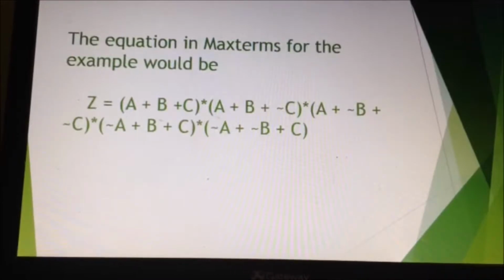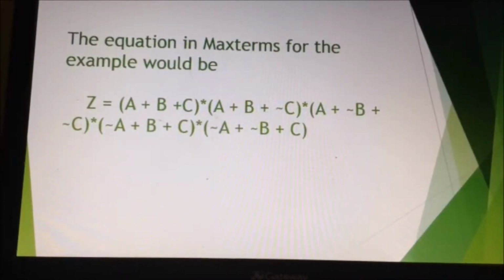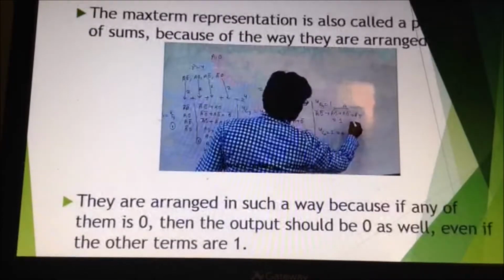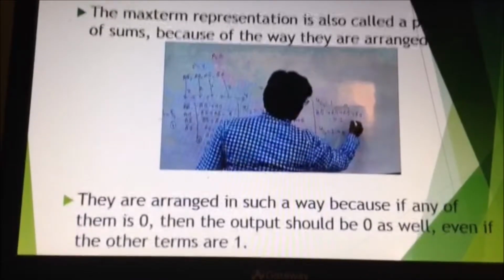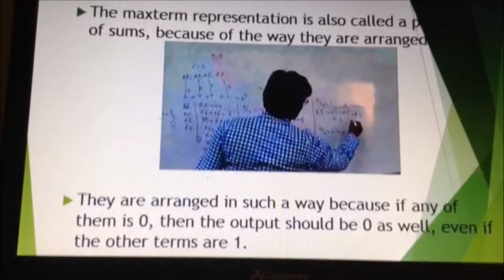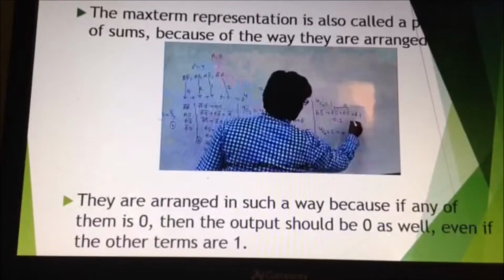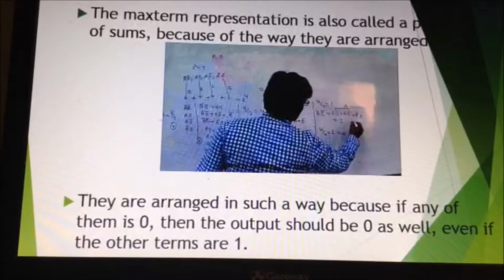That means those are the rows. And here, instead of summing each parenthesis, they multiply. The max term representation is also called a product of sums because of the way they are arranged, as I was telling you. They are arranged in such a way because if any term is 0, then the output is the opposite.